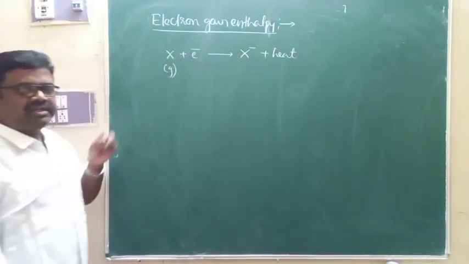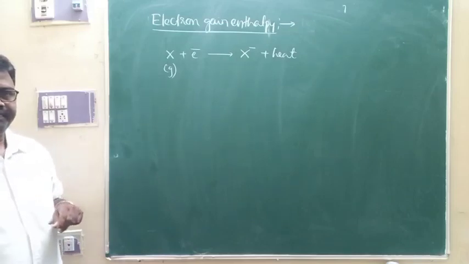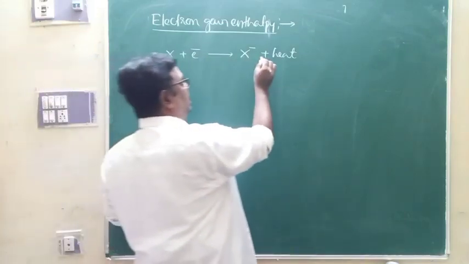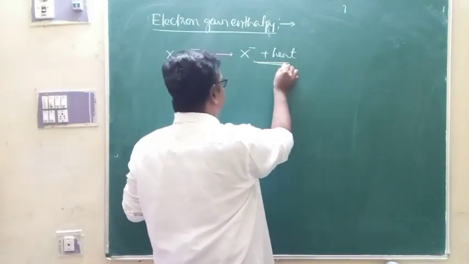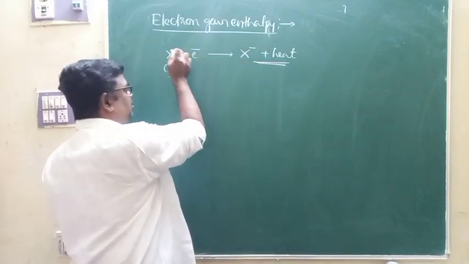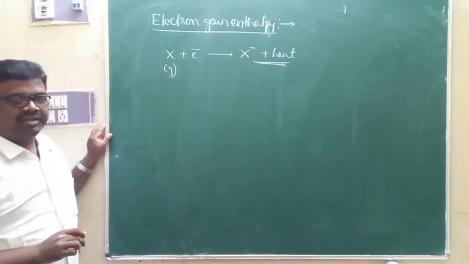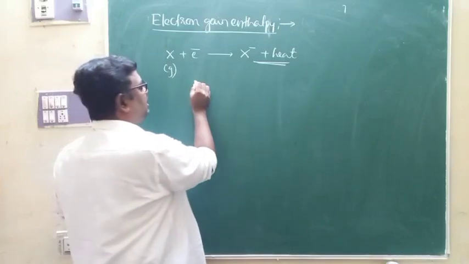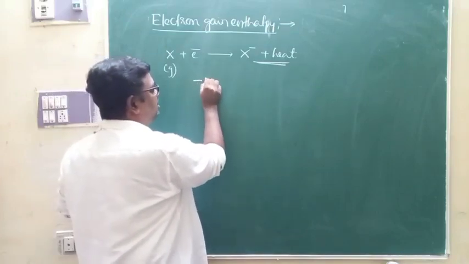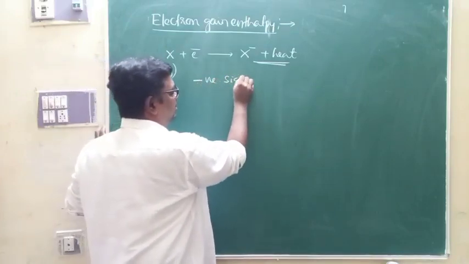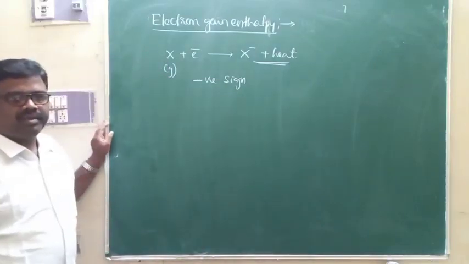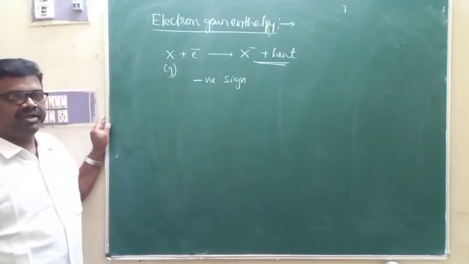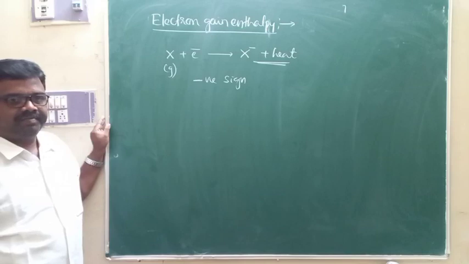That is what we call electron gain enthalpy. As there is a liberation of energy during addition of electron to the neutral gaseous isolated atom, electron gain enthalpy is represented by using negative sign.